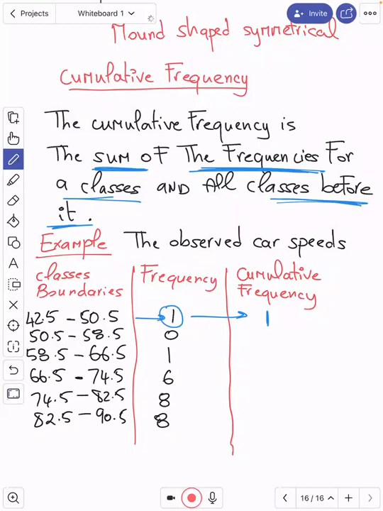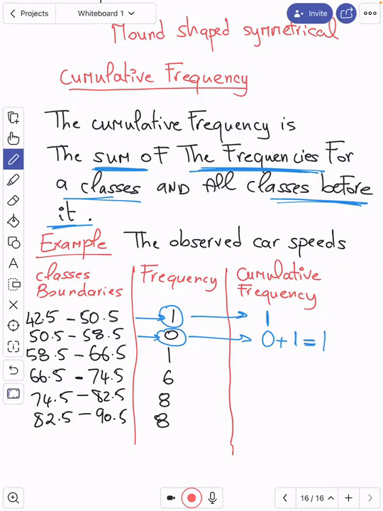For the second class, the frequency of the second class is 0, right? So we have 0 plus the frequency of the class before, which is the first class, and its frequency is 1. So it's 0 plus 1, and the cumulative frequency of the second class is 1.